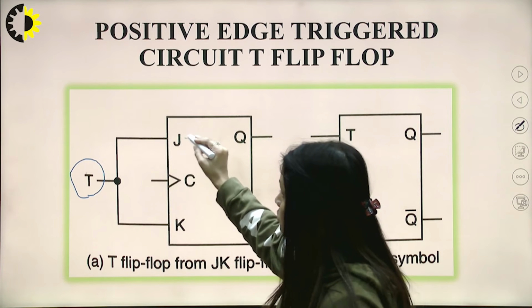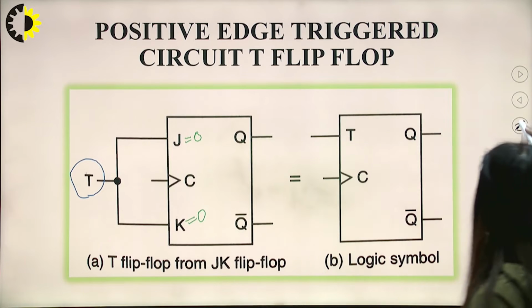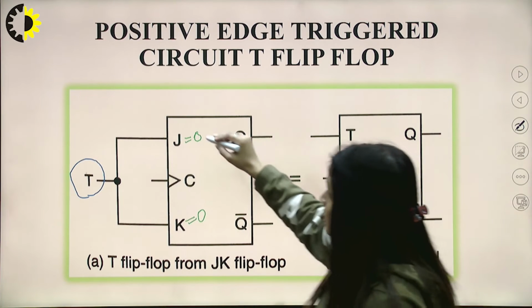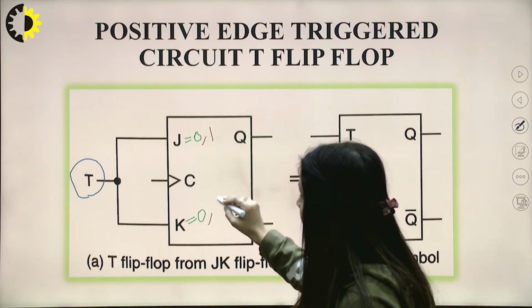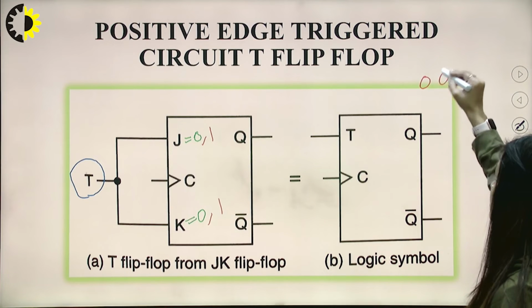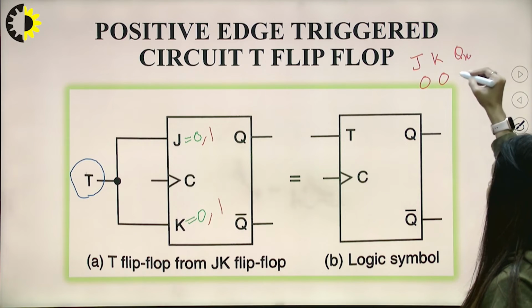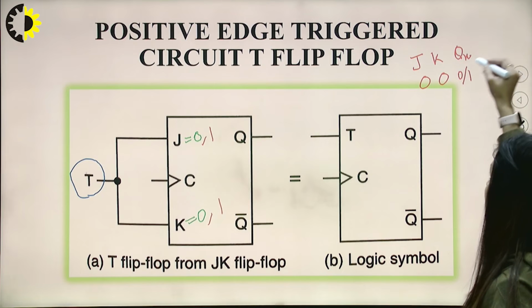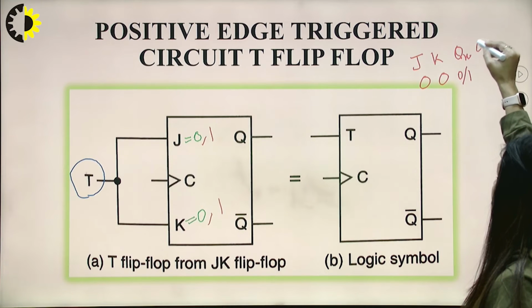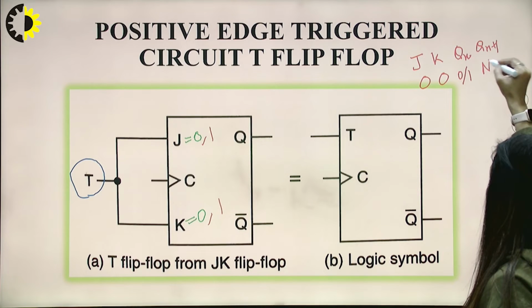If J is equal to 0, K is also 0, and if J is equal to 1, then K is also 1. So for 0 0, Qn may be 0 or 1. The output Qn plus 1 will be no change.